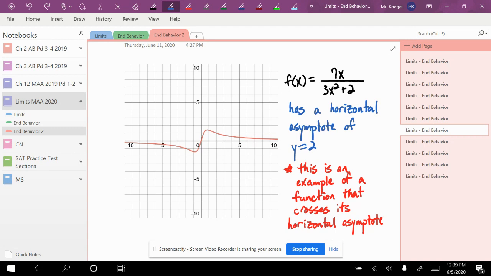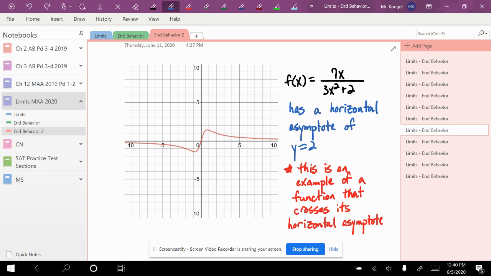All right. We're going to explore this stuff in much greater detail next year in AP Calculus when we go through a unit called curve sketching, where we'll be able to analyze all the behaviors of this graph. So this graph has an x-intercept right here at the origin. The algebra supports that, and it's an example of a graph that can cross its horizontal asymptote.